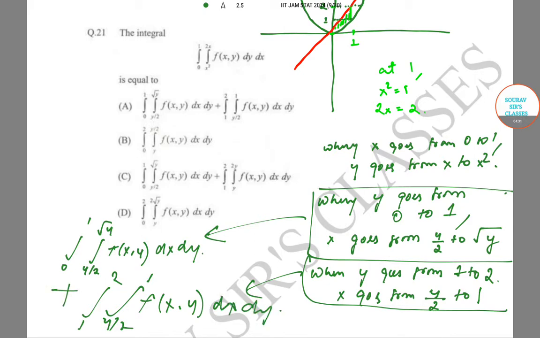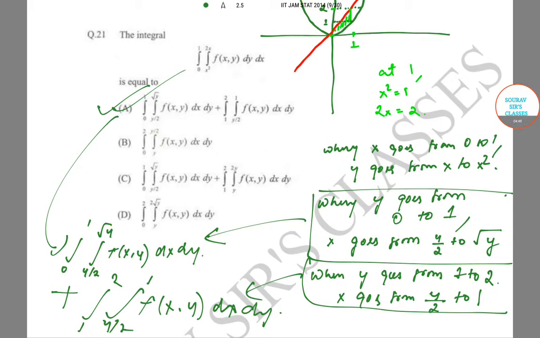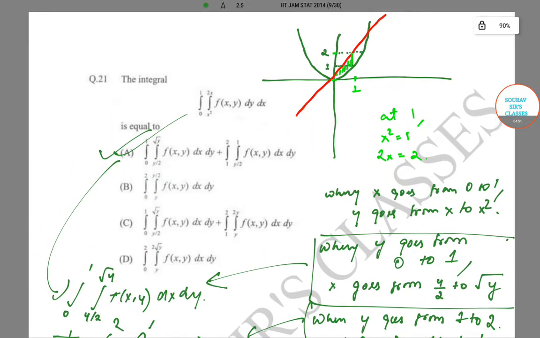So adding these two, we should get the original answer, and you can see that A is actually the correct answer here, because A gives us the exact same expression as we have found out here. So I'll just repeat the argument from the graph once.